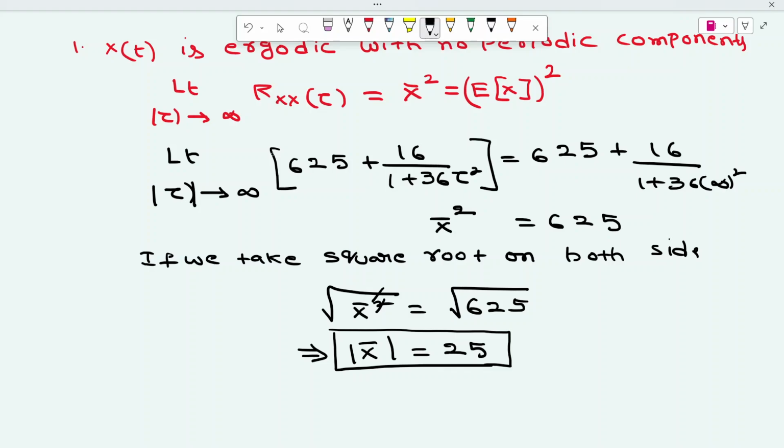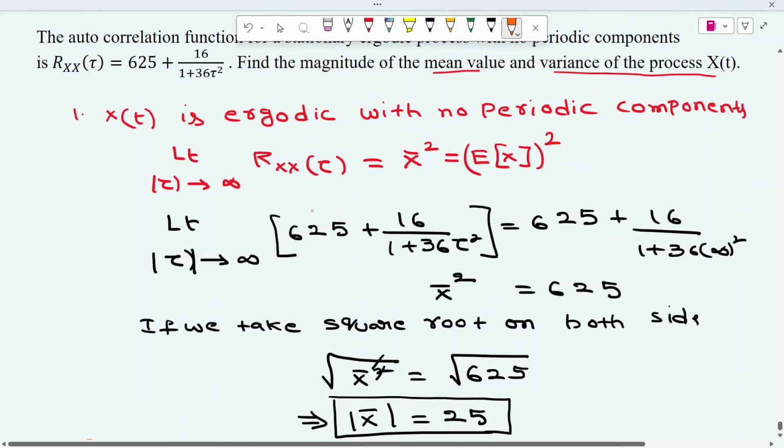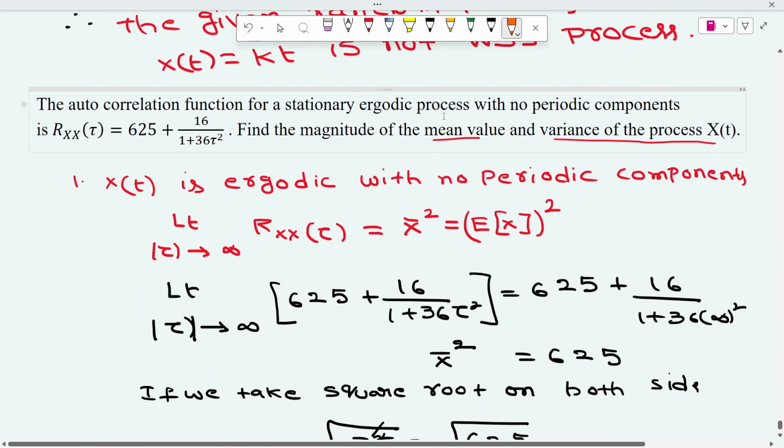Next we will use another property of the autocorrelation function. In general we have Rxx of t comma t plus tau, which is expectation of x of t into x of t plus tau. In the problem it is given for a stationary ergodic process with no periodic components.